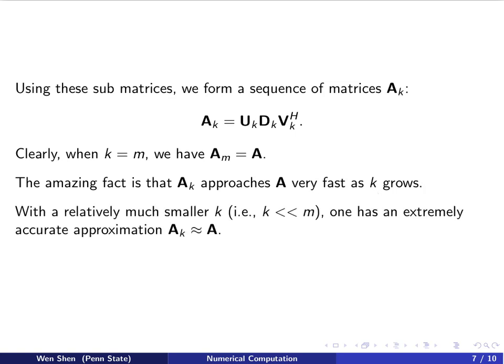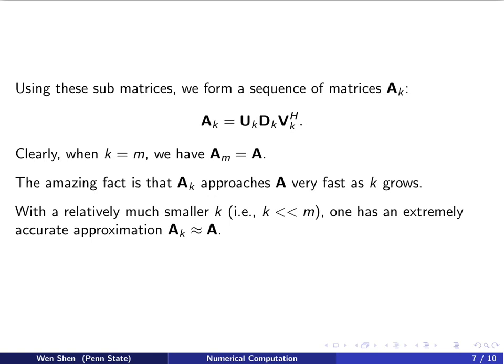This means with a relatively small K, much smaller than m or n, one has an extremely accurate approximation A_K for the matrix A. Therefore, one can store the information for A_K instead and save a lot of memory space.